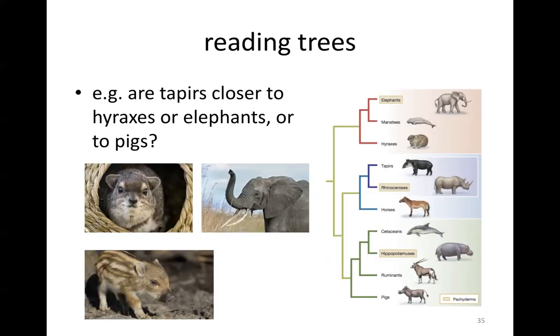No. Okay, so this could be a good question for the recitation. Think about that, and perhaps discuss with your friends and try to decide whether tapirs are closer to hyraxes, elephants, or to pigs, evolutionarily. This hyrax, this pig.